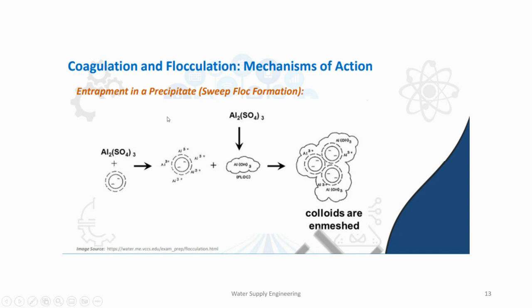And the last mechanism is the entrapment in a precipitate. What happens here is, we are adding a larger amount of coagulant, heavier dosage, so that it gets precipitated out, along with which, on the way it gets precipitated and settled, some colloids will be entrapped or enmeshed within that.